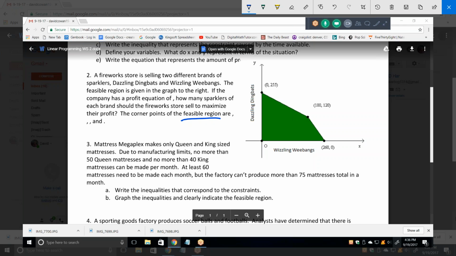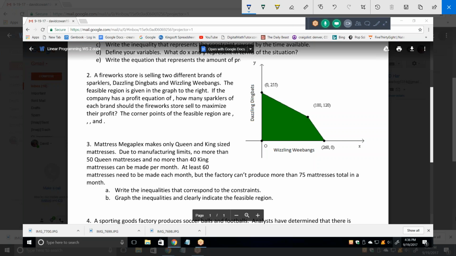There's only one problem with this problem. He does not tell us the constraining or the profit, the objective function. He says, how many sparklers and fireworks, there's our variables. X is going to be the number of sparklers, Y is going to be the number of fireworks. How much should they sell to maximize their profit?